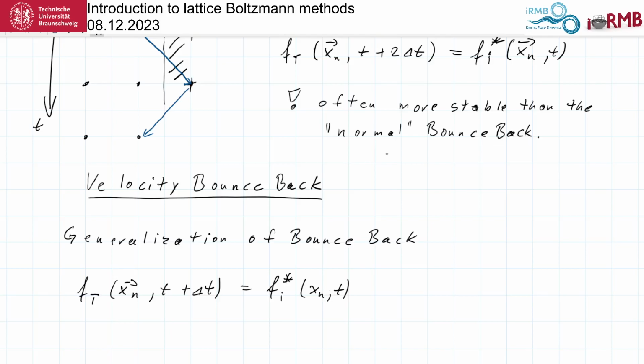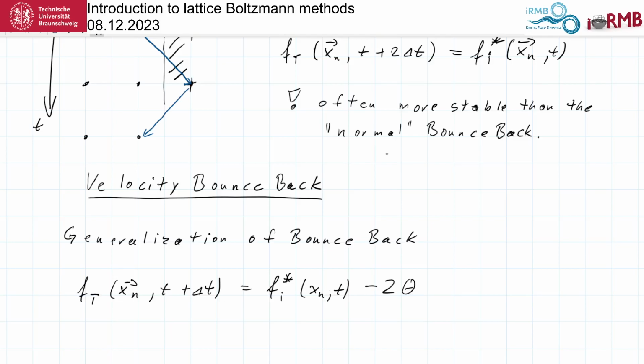Yeah? We just add it. There's a 2 here because for the population that's going out, we have to subtract its velocity contribution and add it again, in order to reverse it. So this is why there's a 2.